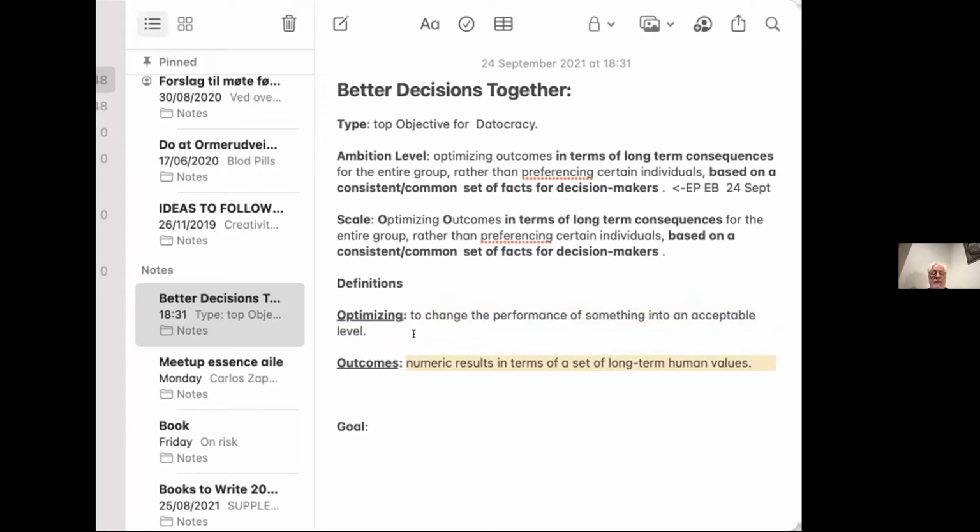Okay, now, just for fun, Ernie, what was your definition of optimizing? Was it something exactly like this? It was close. The two differences I would think of: one is, I would say, improve the performance.